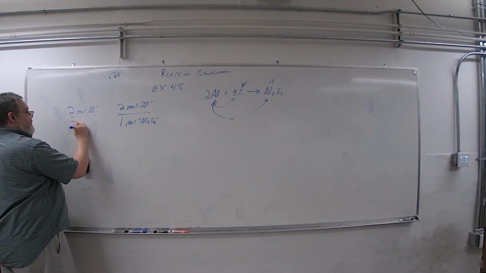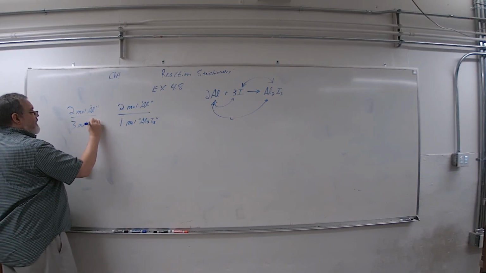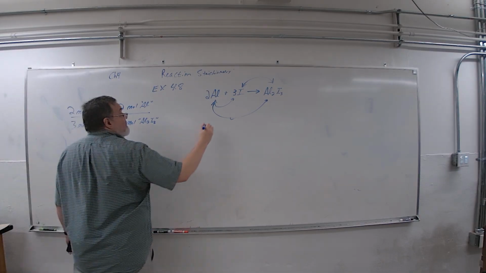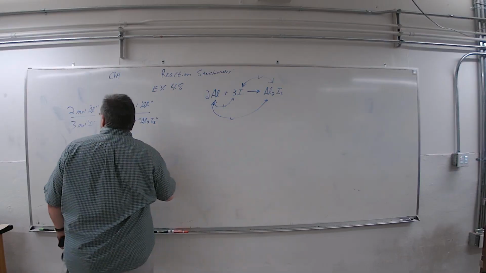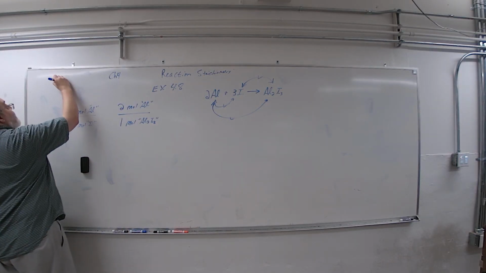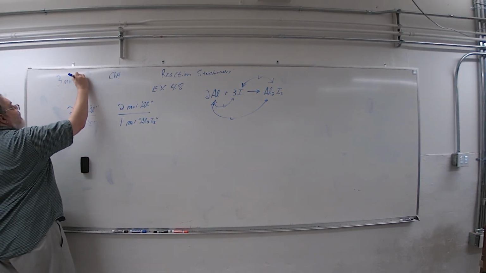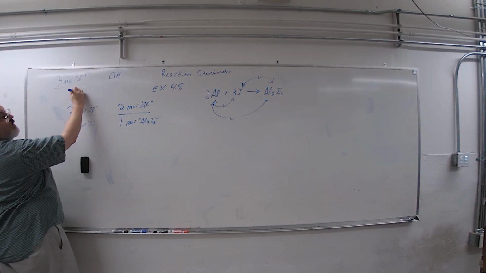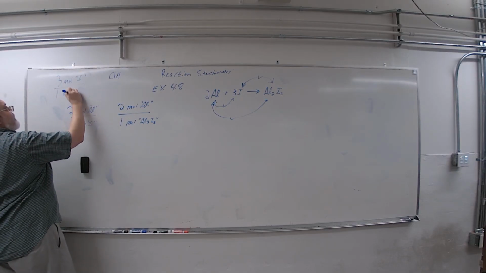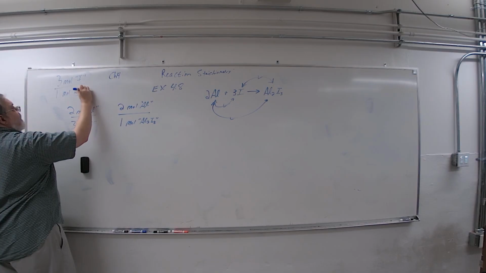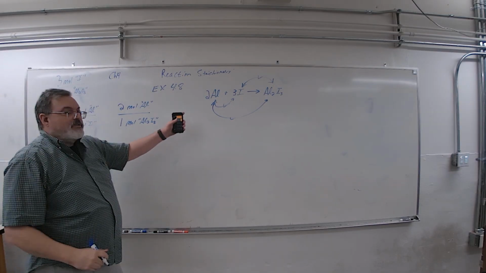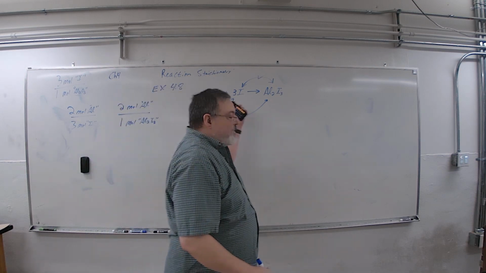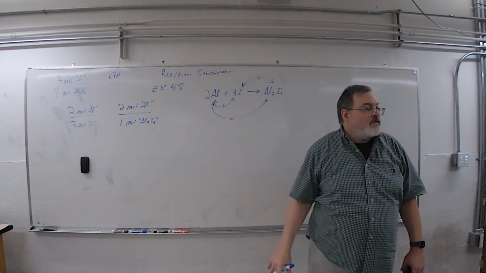To 3 moles of I. So that's this one. And then this one is one. That's really what this tells you. This is just a summary form of those 3 relationships.